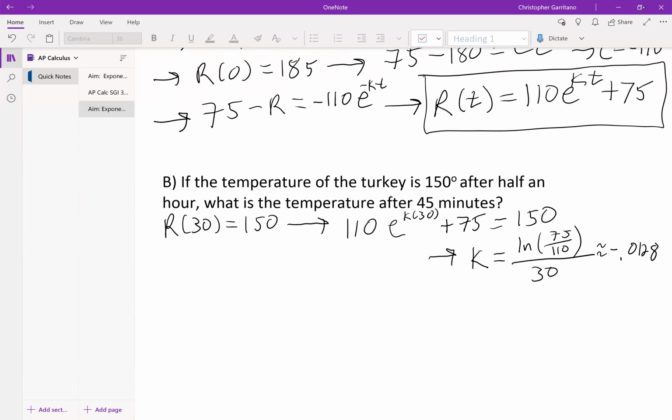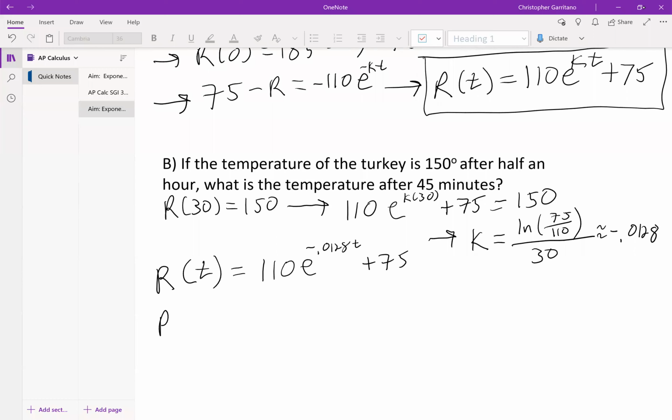So this actually gives us now the true particular solution for this exact situation, and that is that R of t is equal to 110 times e to the negative 0.0128 t plus 75. And now to determine the temperature after 45 minutes, pretty simple. Take that equation, plug in 45.